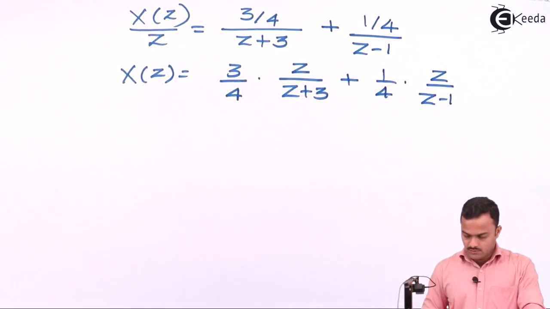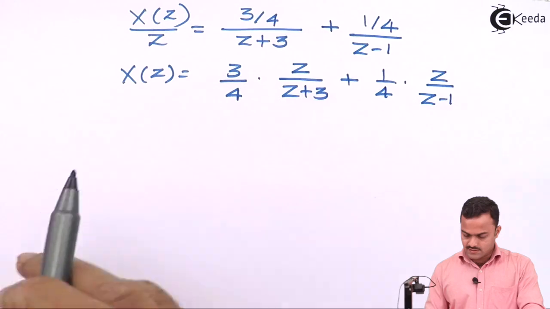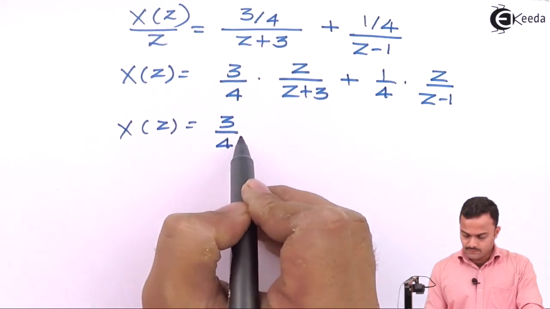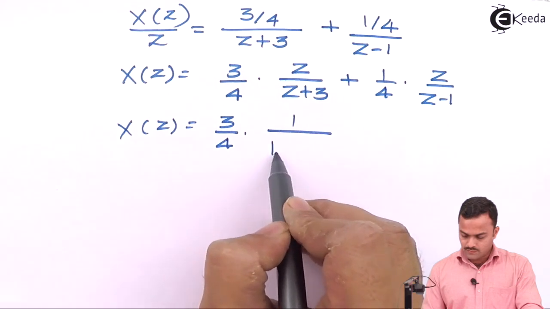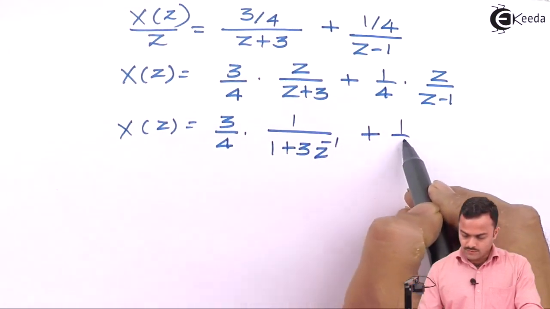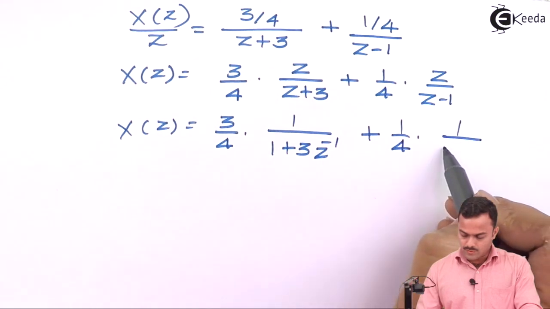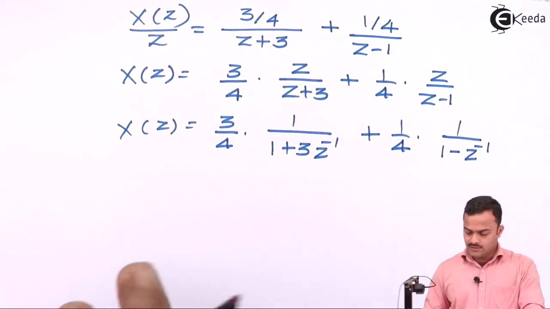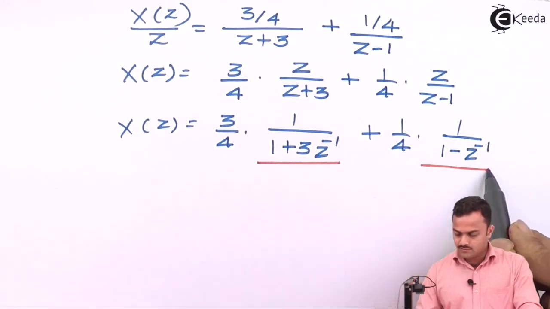If we simplify this, we get x of z as 3 by 4 times 1 upon 1 plus 3z inverse plus 1 by 4 times 1 upon 1 minus z inverse, and this is in a proper form.